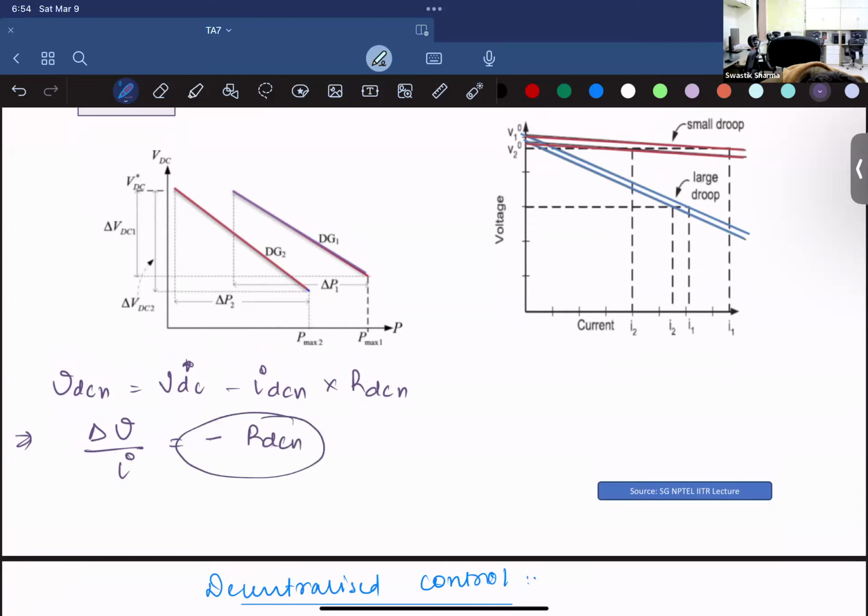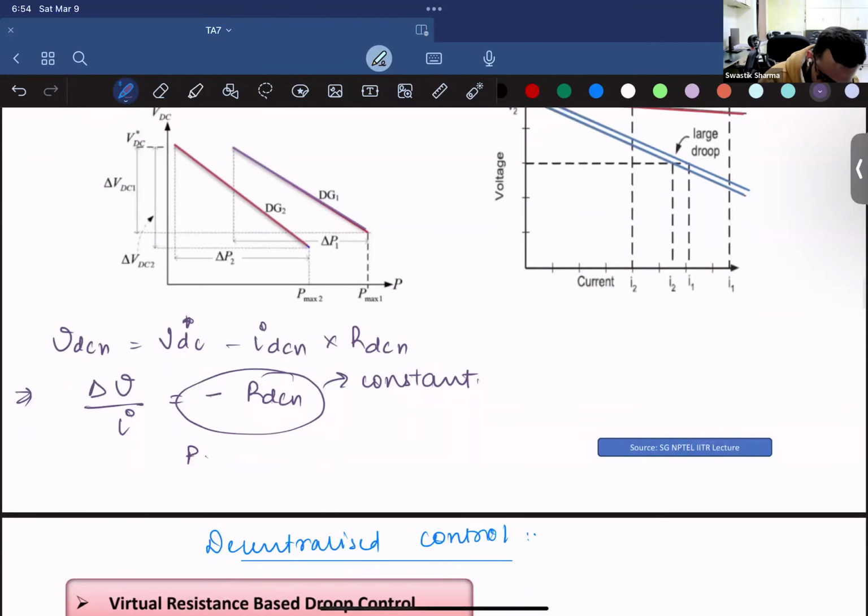RDCn. And this is a constant value. This won't change. Impedance is constant, right? As you can see, changing delta V produces an effect in your current. And power can be written as I squared R, right? So whatever the value of I, the relation with power can directly be found.